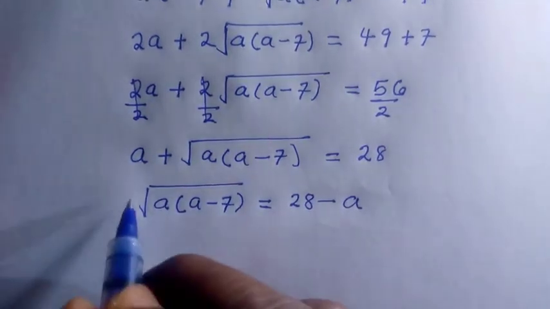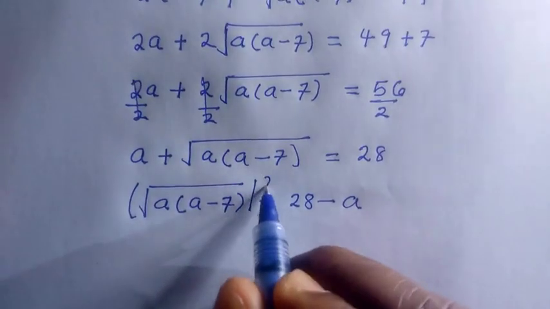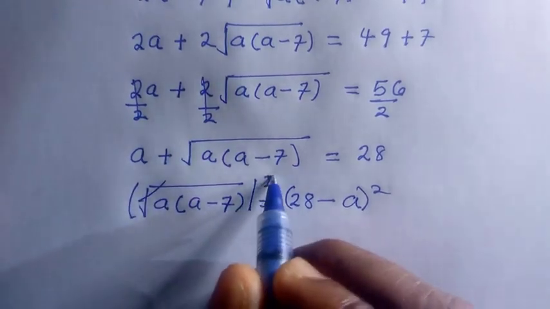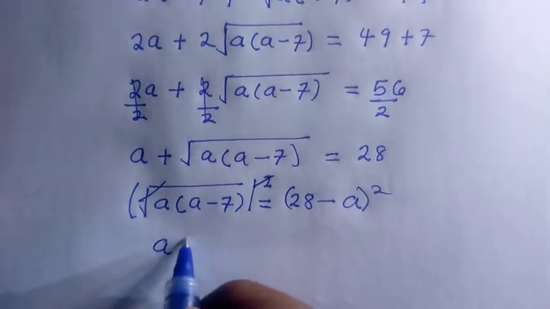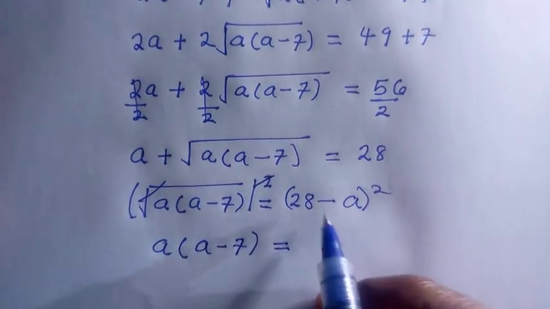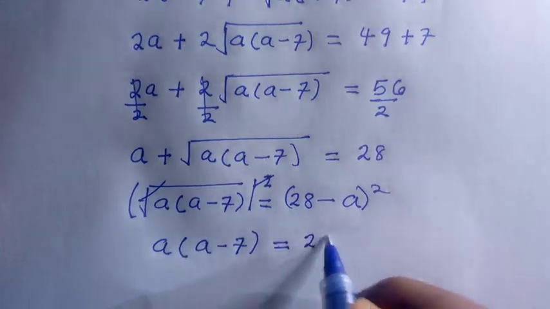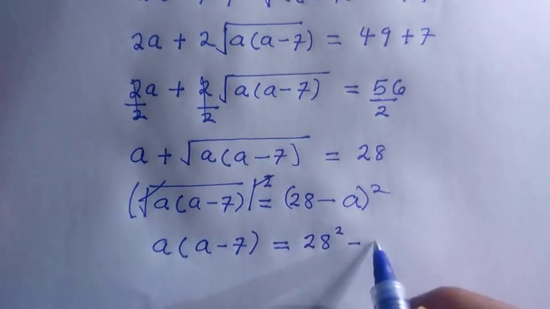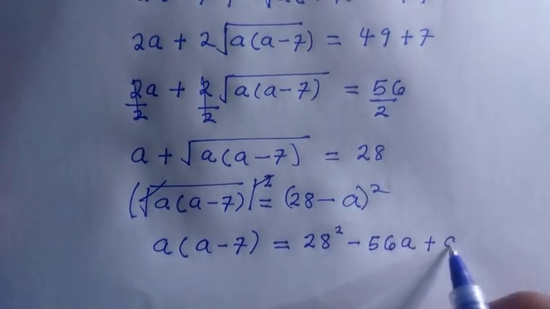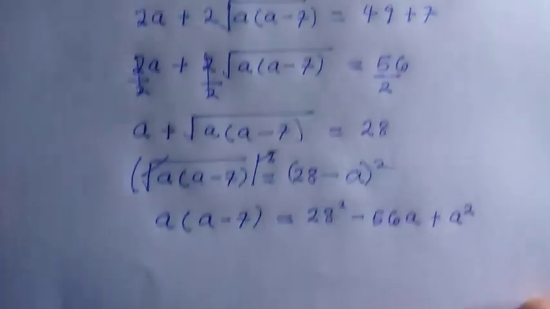So we take the square of both sides so that we cancel the root, and we have a into bracket of a minus 7 equals, when we expand this, 28 squared minus 56a plus a squared.